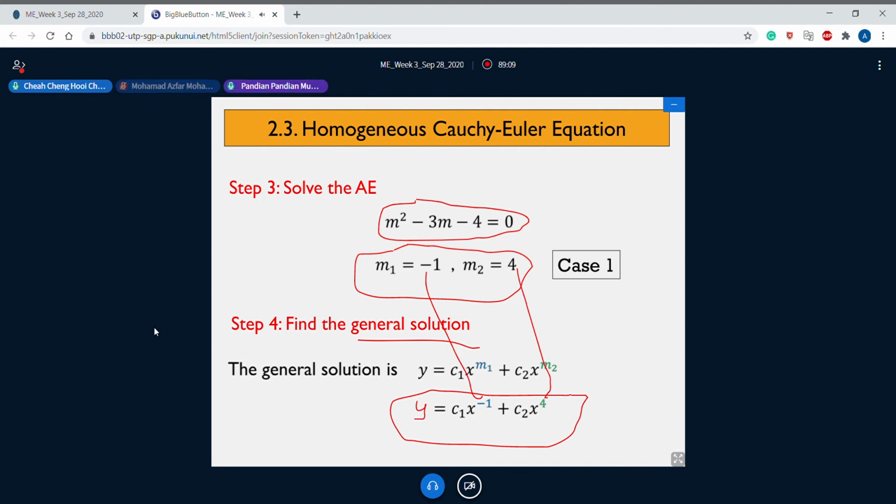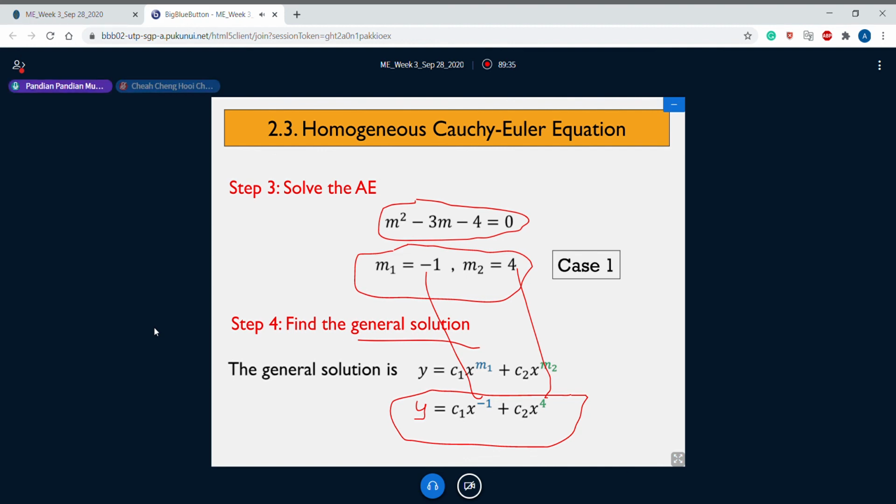Okay. So example 1. Sorry, you wrote m1 for m2 minus 1. Yes, sir. That is my question. Oh, yeah. In this case, yes. You can exchange this. Okay. Thank you, sir. Welcome.